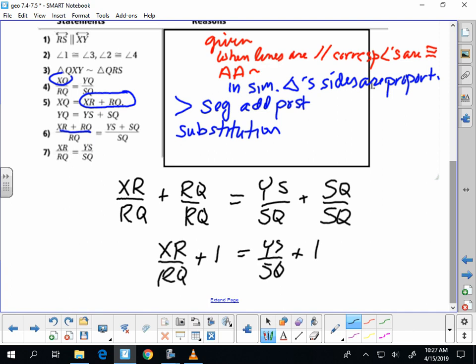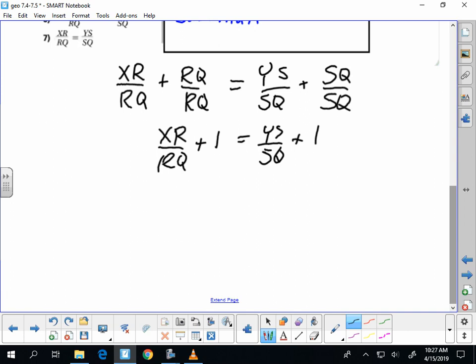Plus 1. Then mathematically we can, how do I get rid of those 1s? Subtract 1 from both sides. And then we get that XR over RQ equals YS over SQ, which is what we're trying to get at the end, right? That's exactly what we want for our step 3.